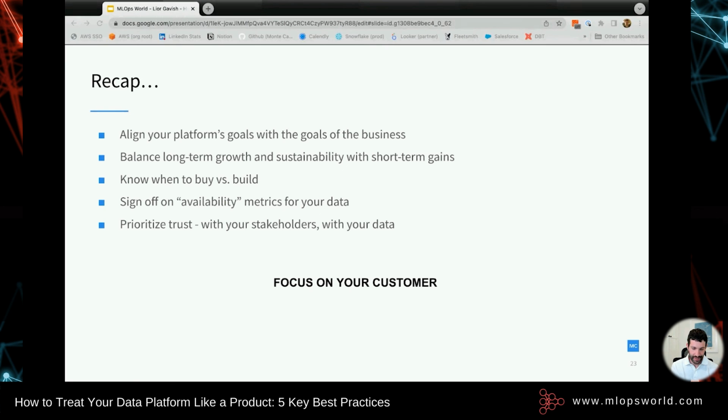And I think the common thread here across all of these is what I consider the cardinal rule of product management, which is focus on your customer, right? Try to figure out what their needs are, what they're hoping to do, how what you're building is going to help them accomplish it, and do it at a level of quality that would meet their needs.